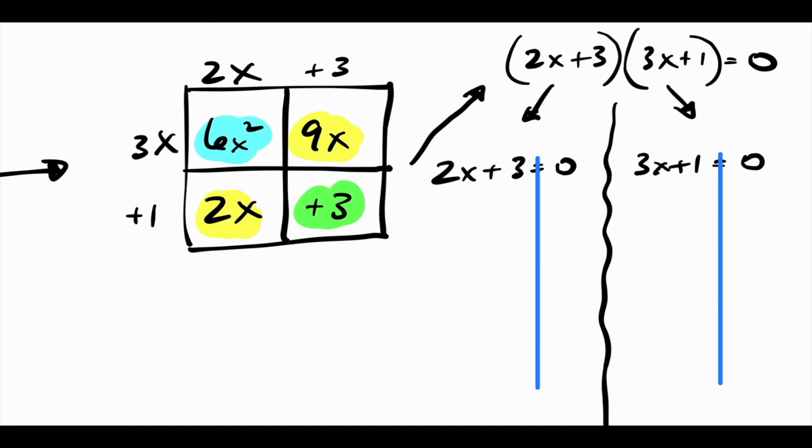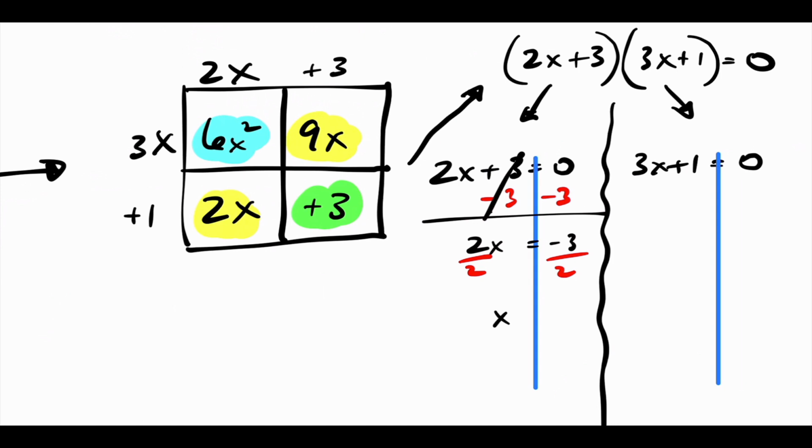Okay. Subtract 3 from both sides because I want to solve for x. Divide by 2. So I get negative 3 over 2. One answer.